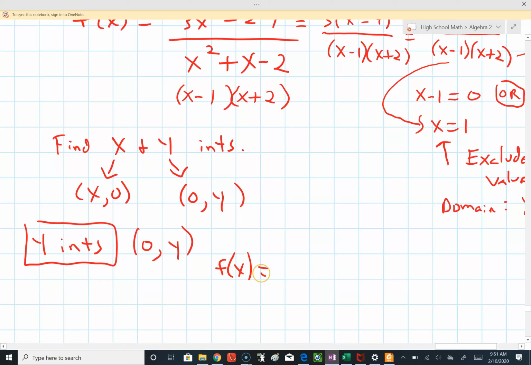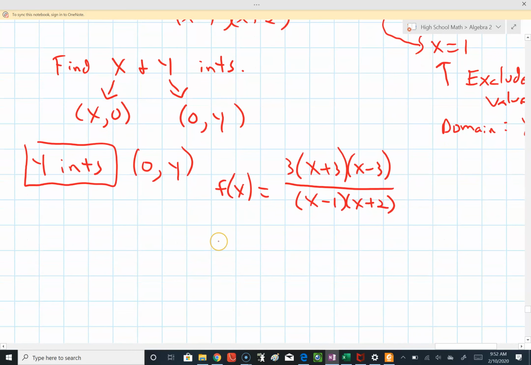f of x is equal to 3 times (x plus 3)(x minus 3). Factored denominator form is (x minus 1)(x plus 2). Every place I see an x, let's substitute a 0.